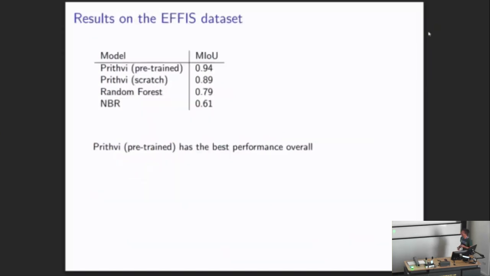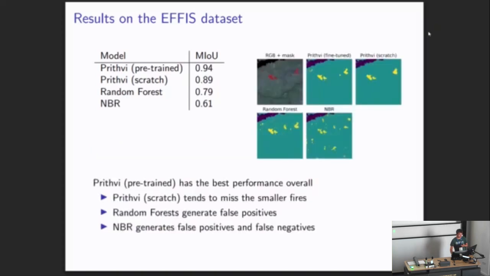So the results here, you can see that the geospatial foundation models was clearly outperforming the other methods. The approach from scratch was outperformed, but also the random forest and the normalized burn ratio.